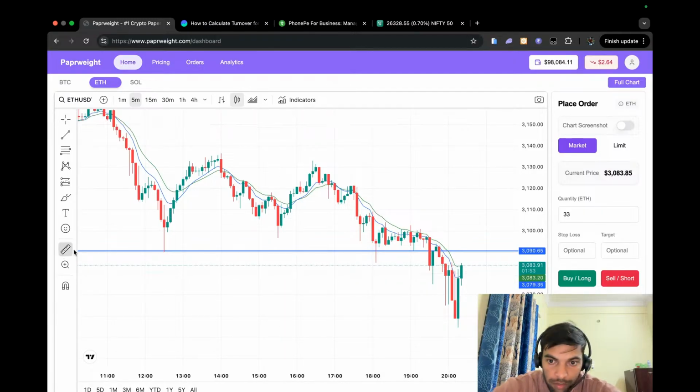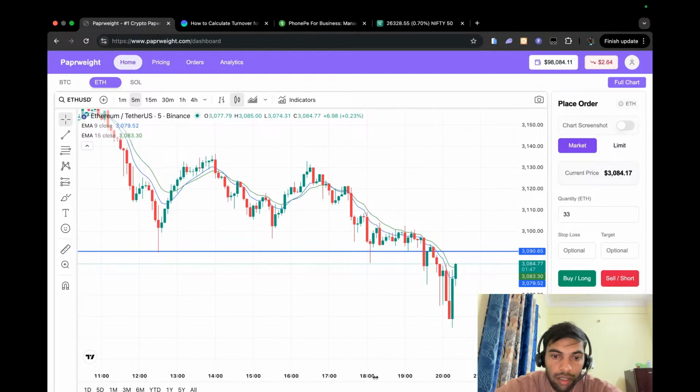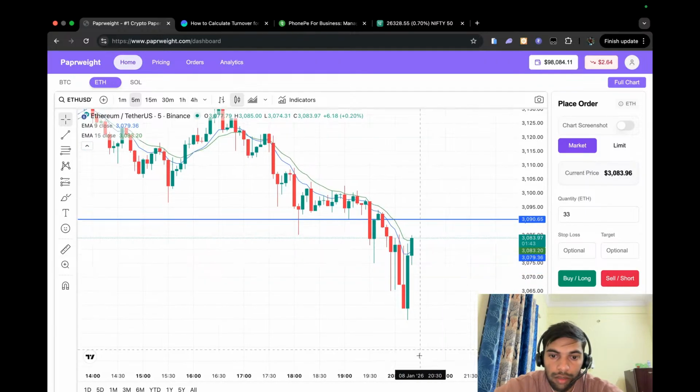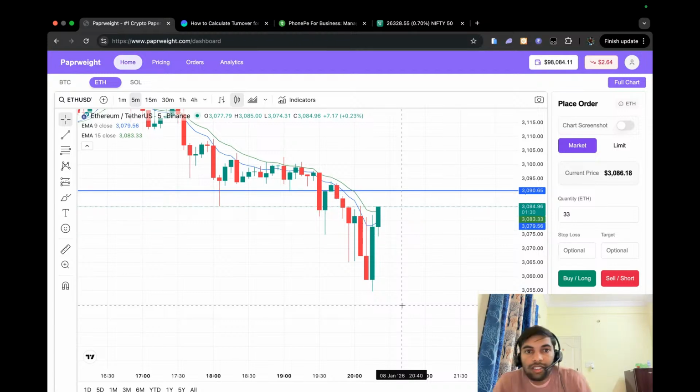Let me see the risk. Yeah, risk is under our curve. Ethereum is literally doing crazy things, guys. Crazy.